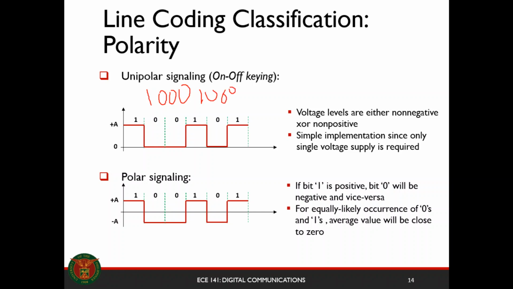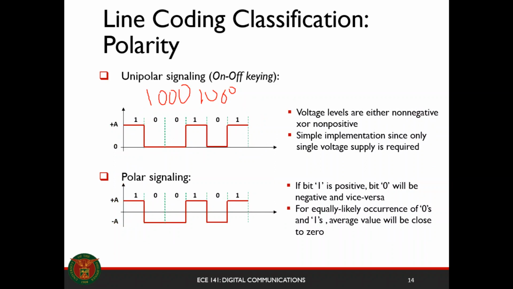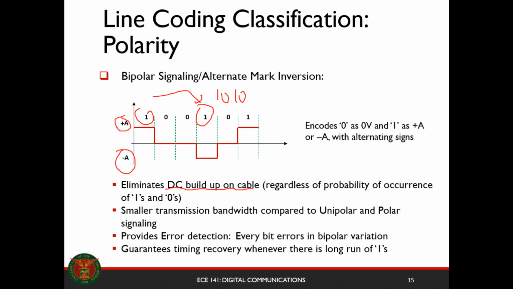As you can see, the pulse period here is less compared to this value right here, or the distance between pulses right there. Okay, so that's how this bipolar signaling, alternate mark, basically has a smaller transmission bandwidth.